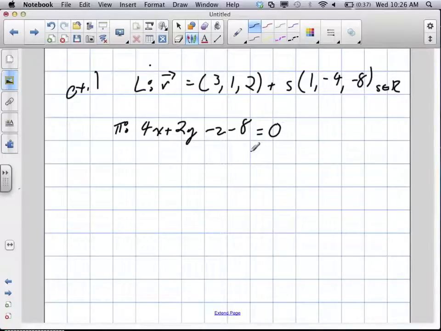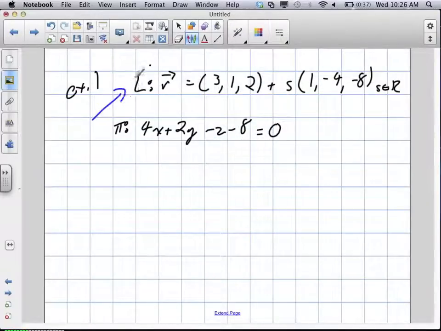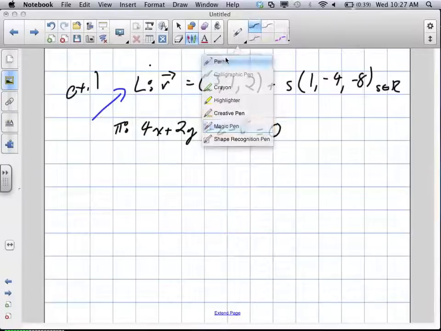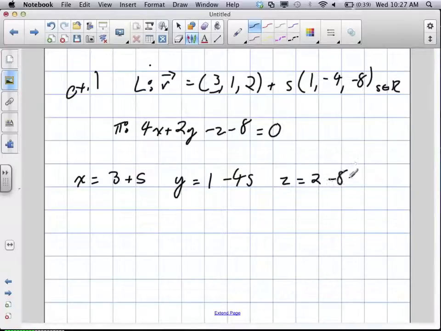Okay? So, what we're going to do first is we're going to put our first equation in parametric form. Okay? So, we're going to take our line, and we're going to put it into parametric form. So, we know our x value here is 3. So, x will be equal to 3 plus 1s, or just s. Y will be equal to 1 minus 4s, and z will be equal to 2 minus 8s.